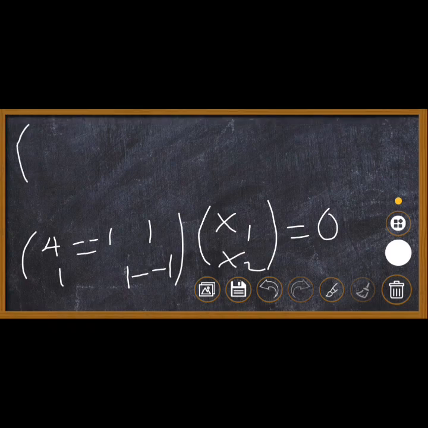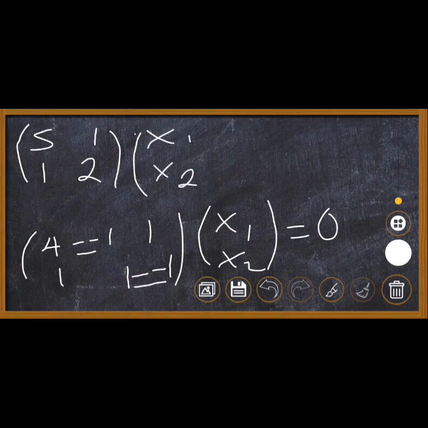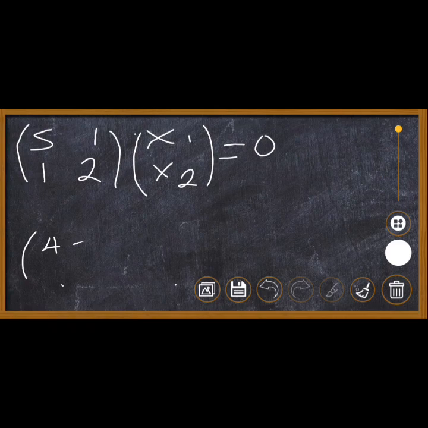Then it becomes 4 plus 1, that's 5. And then down here we have 1, and here we have 1. Then negative and negative is positive. 1 plus 1 is 2 here. Okay, so remember here we have x1 and also x2 equal to 0.